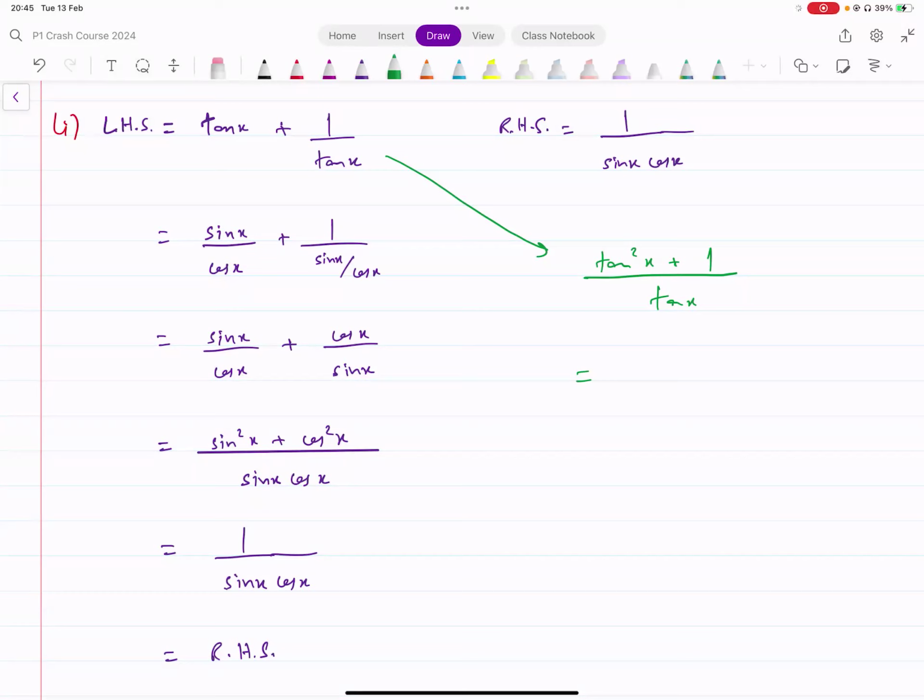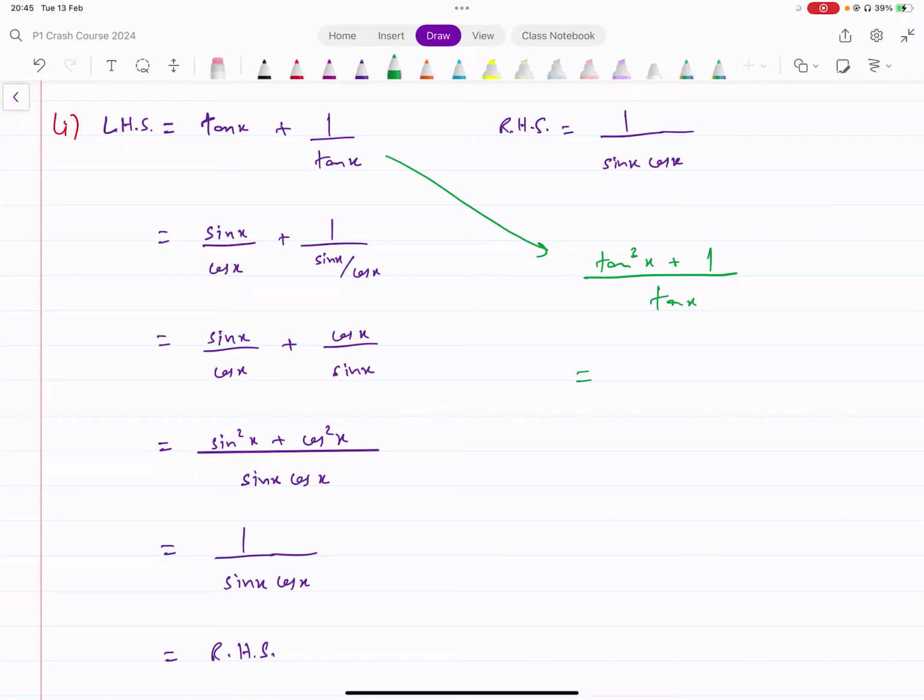There's actually a P3 identity that you can use here that would make things very quick, but you haven't done that yet. 1 plus tan square is actually the same thing as secant square, but you will learn that in paper 3. That makes it just a 2-liner. You can use it if you already know that, by the way. But since most of you haven't done that yet, we are not going to use that.